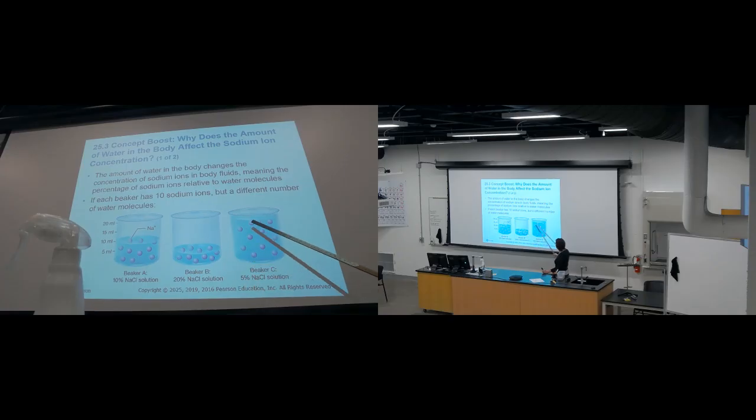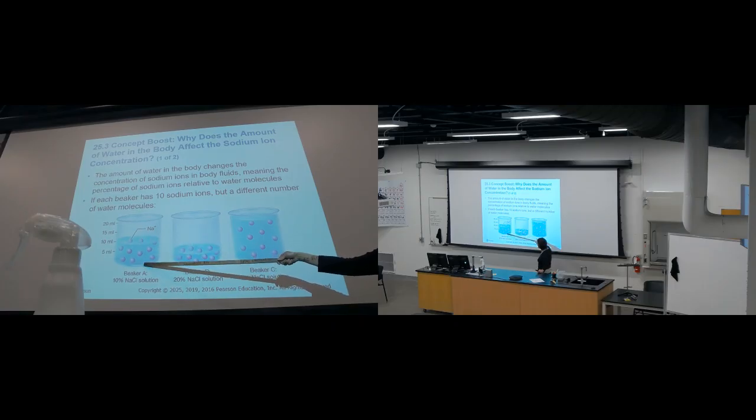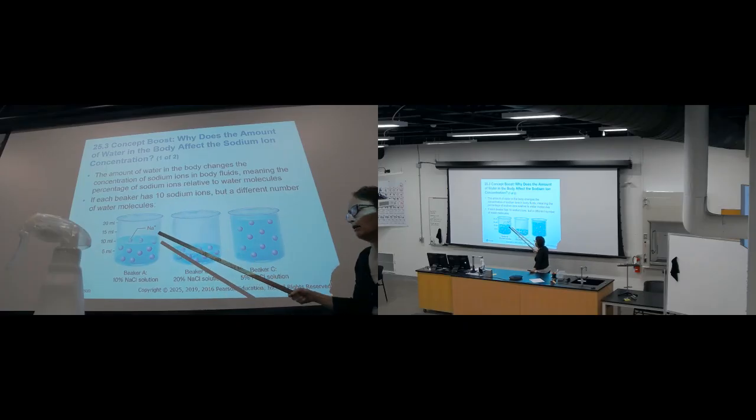But when you have the same amount of sodium but with more water, that leads to a lower concentration of sodium. Let's say you have 10 milliliters of water in beaker A, and that has a 10% concentration of sodium chloride.